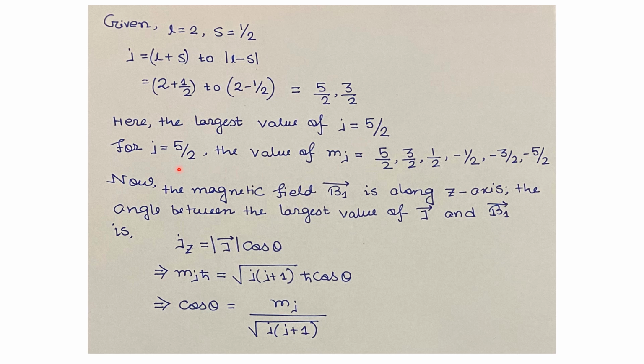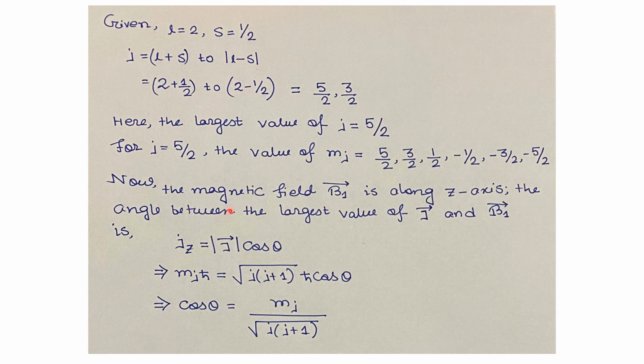Now for J equals 5 by 2, the possible eigenvalues of the Z component of J, that is Jz, will be Mj from minus J to plus J. So it will be 5 by 2, 3 by 2, half, minus half, minus 3 by 2, minus 5 by 2.